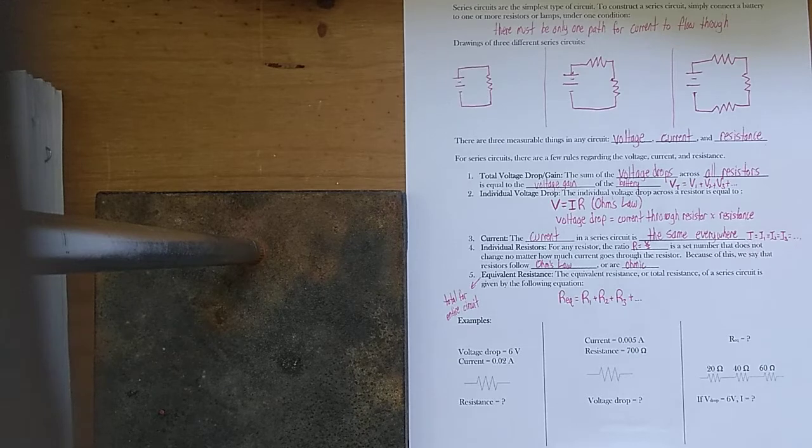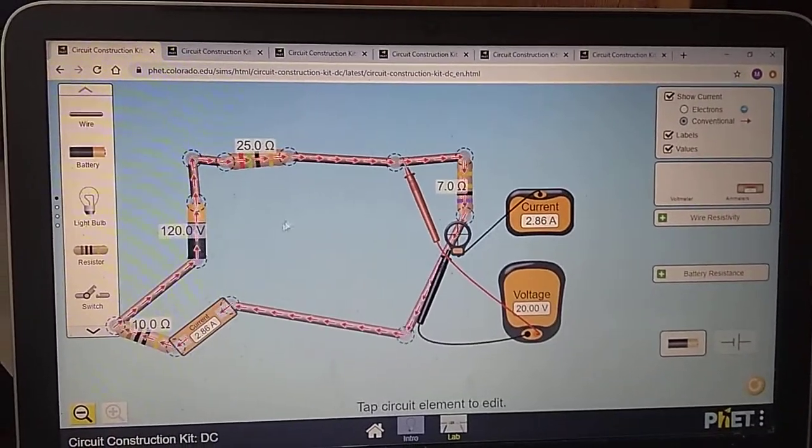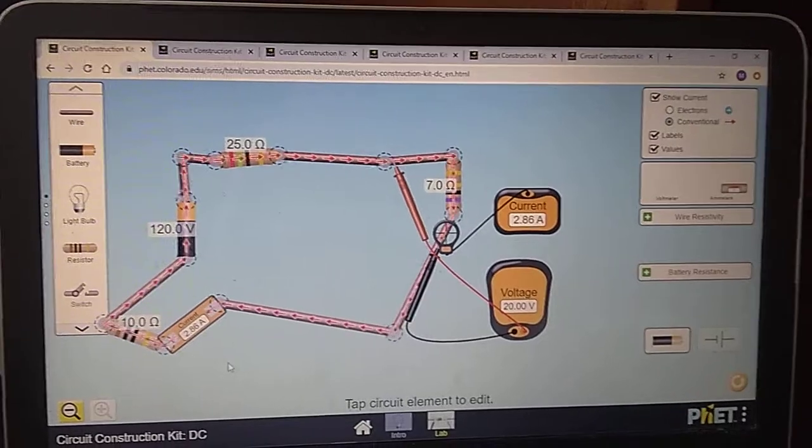Now, let's see how we can figure out the equivalent resistance, or how we can check this. Let's go back to our screen. The equivalent resistance, you can get it by adding up all these totals, and I'll do that in a little bit.